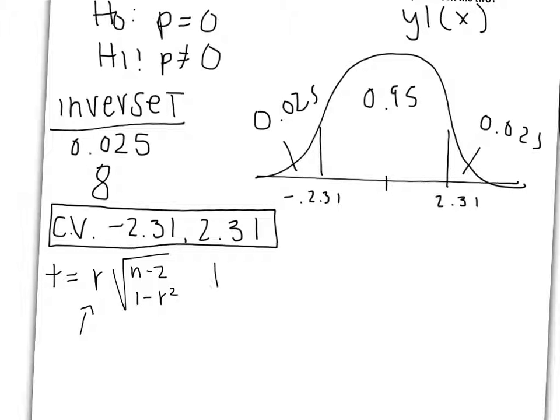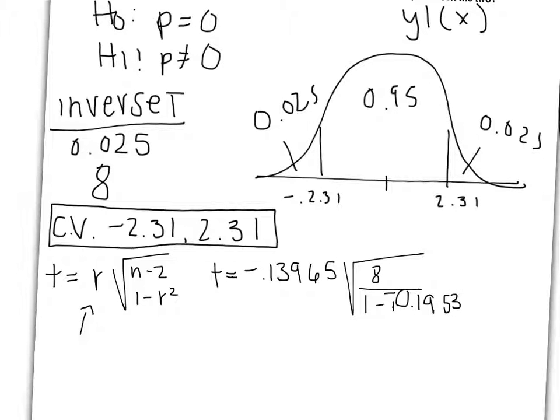So in this case, t equals r, which is found through that to be negative 0.13965, and then over the square root of n minus 2, which is again 8, and then 1 minus r squared, which comes out to be 0.19534.